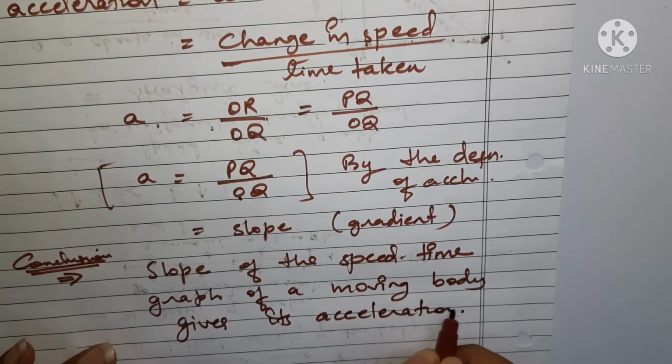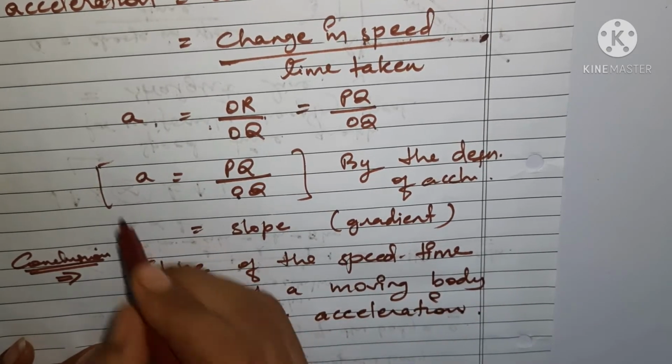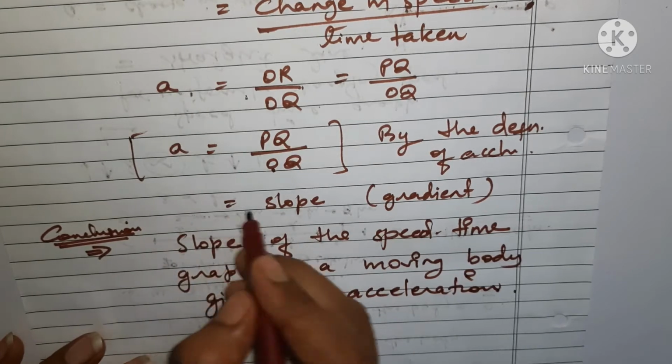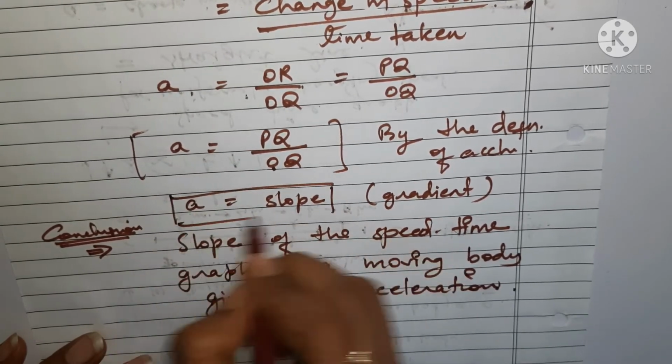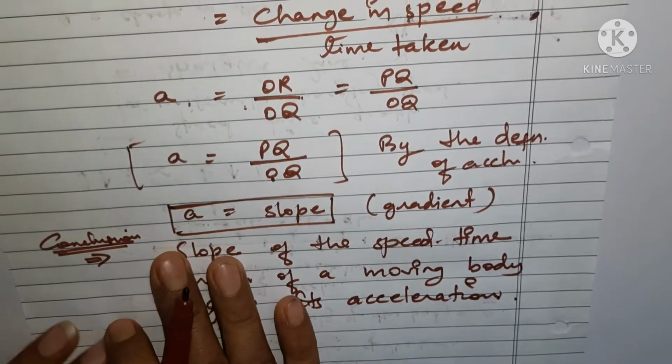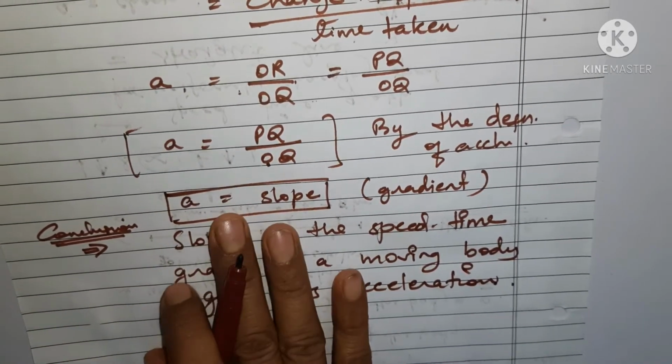Understood? So here we are getting that acceleration is equal to the slope of the graph.